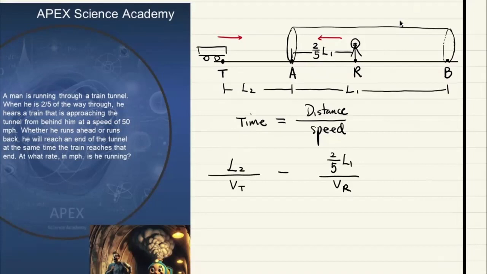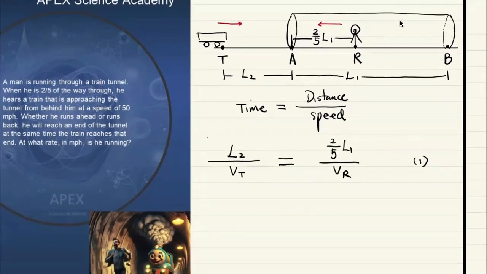So these two are equal. So we get the first equation that relates the speed of the train and the speed of the runner. So we're going to draw a box to highlight that result.